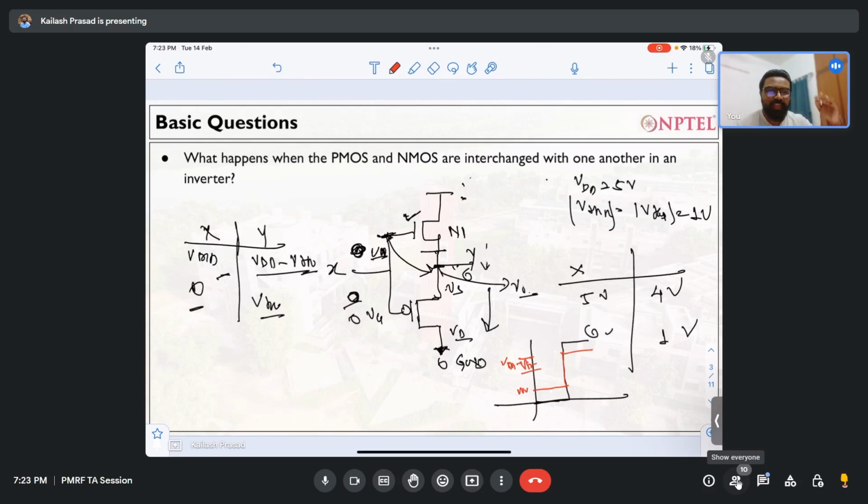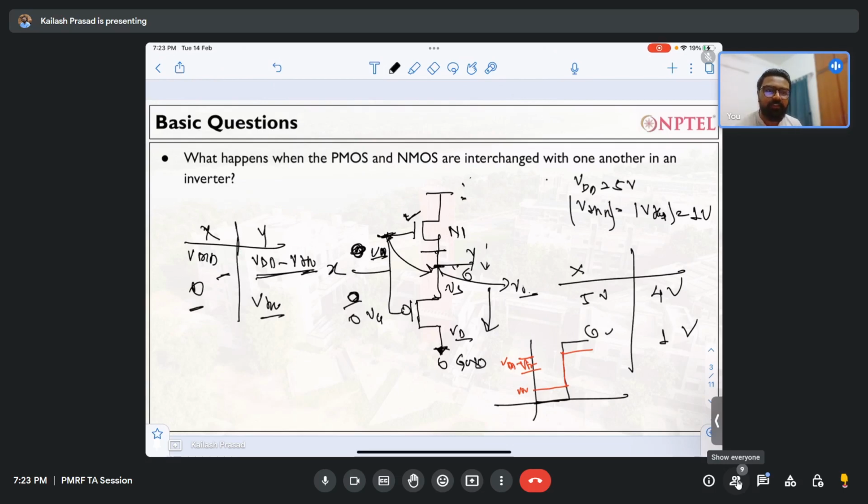So the amplitude of the output has gone down, and in the zero case, which should ideally be 0, it has gone up. So in that regard, our buffer becomes a bad one. But if you have this kind of circuit, it will act as a buffer. That is true, but a bad one. The output will be this one.